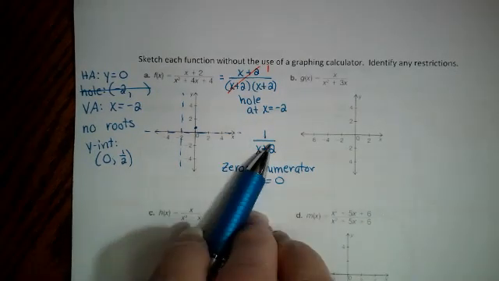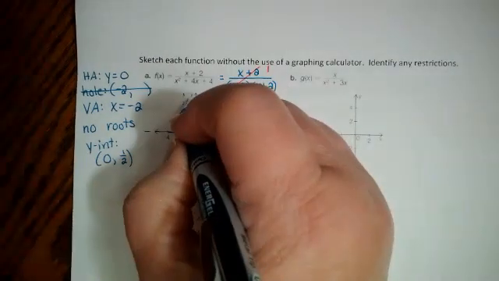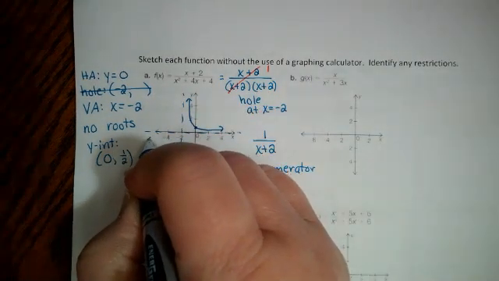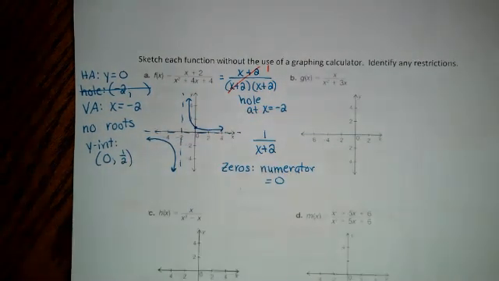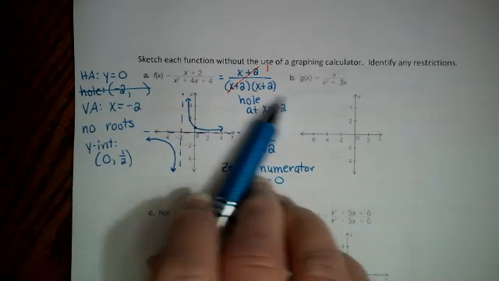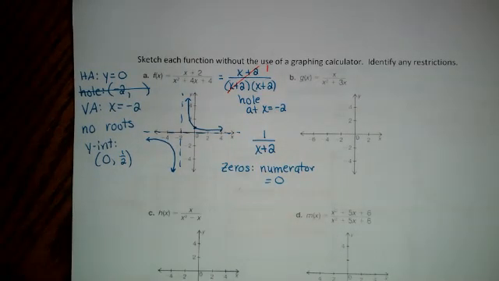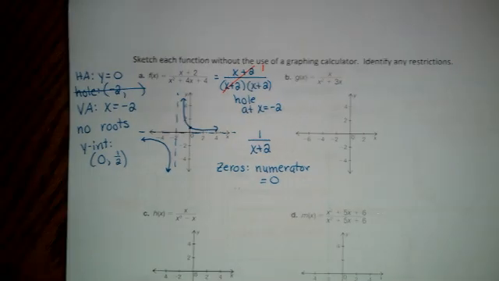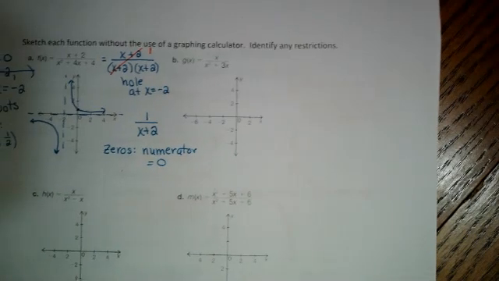That's kind of a parent function transformation. So I know it looks something like this. And there wasn't a hole because the value for the hole was actually undefined. So we're going to find another one that has a hole. Let's take a look at letter B.